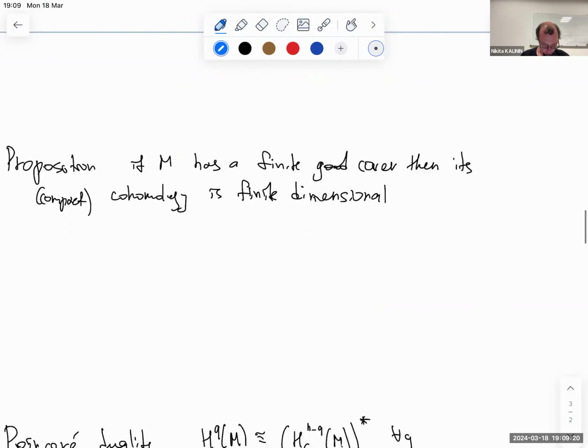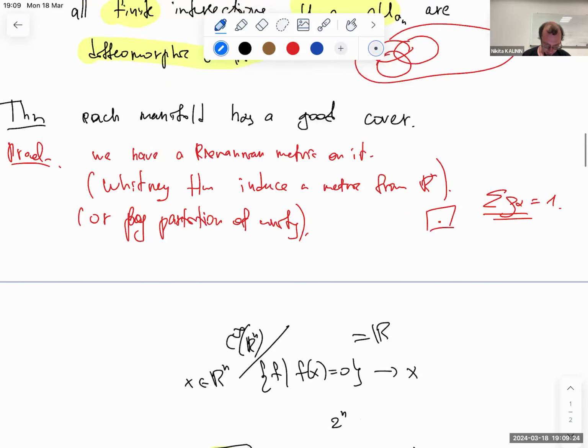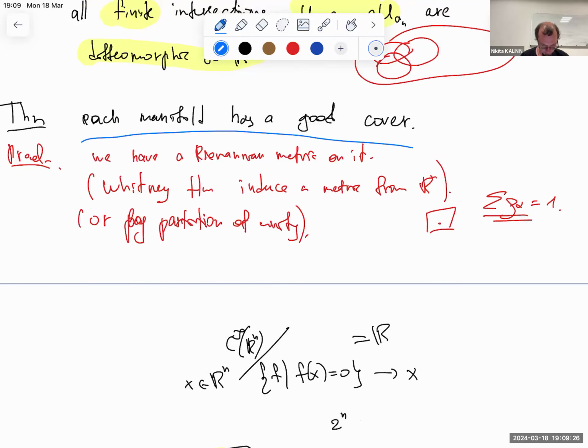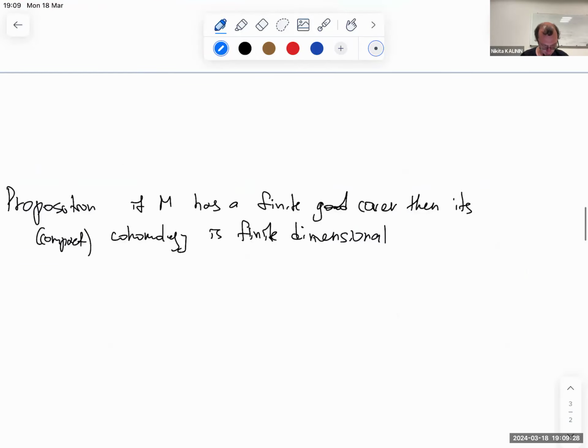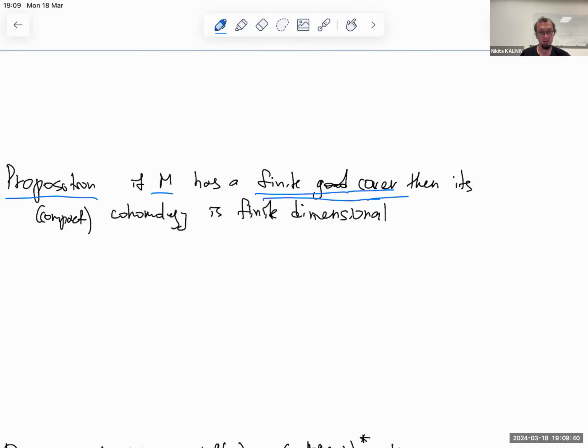Now, so we know that any manifold has a good cover. And so it implies the following proposition: if M has a finite good cover, then its compact cohomology is finite dimensional. Well, how to prove it? We just need to use induction and Mayer-Vietoris sequence.